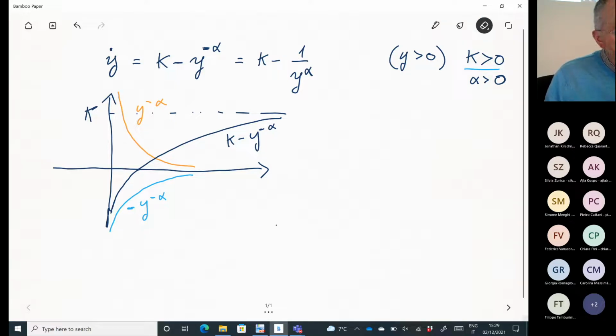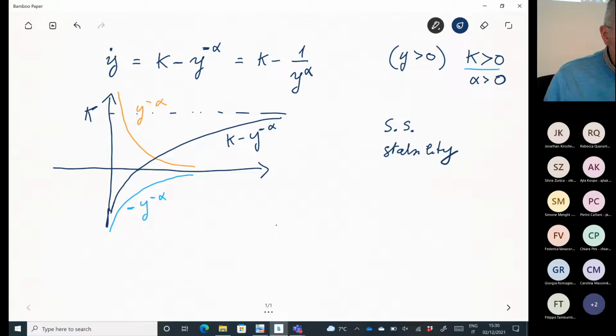So the exercise asks to determine the steady state and to conclude graphically about its stability, by means of the so-called arrows of motion, so by means of the qualitative analysis.